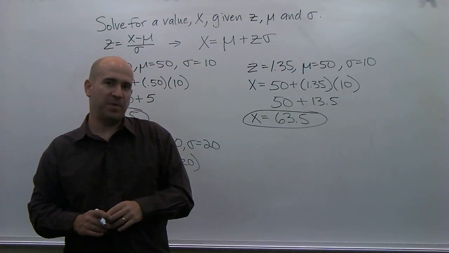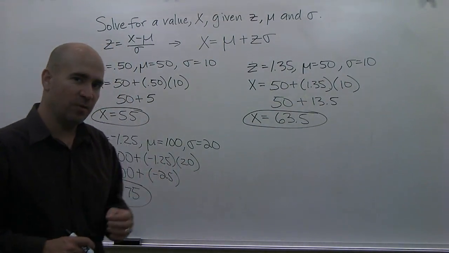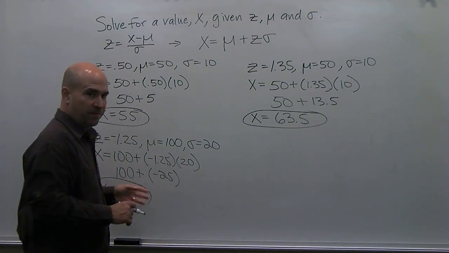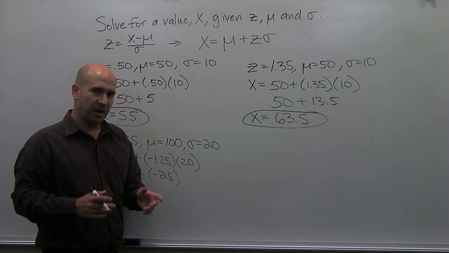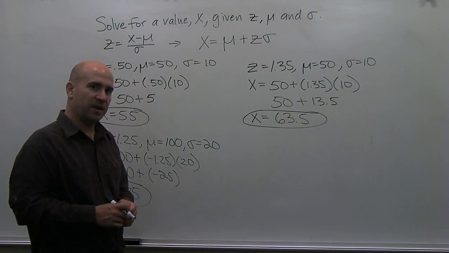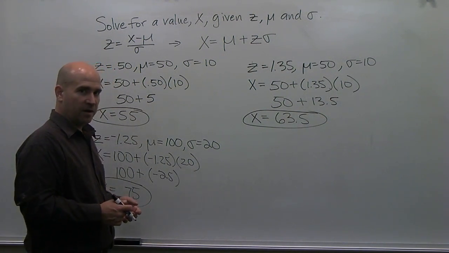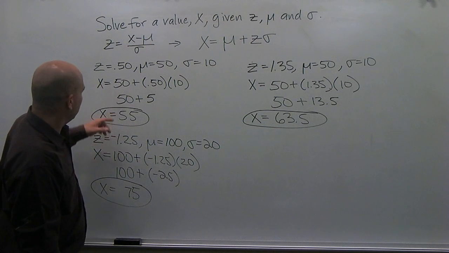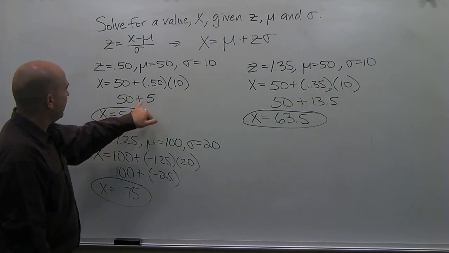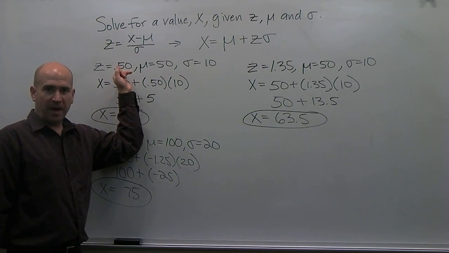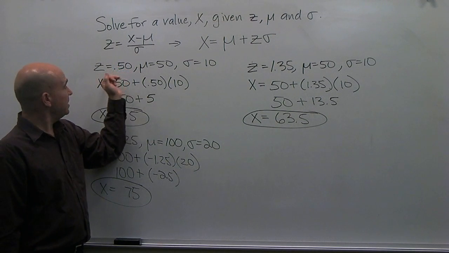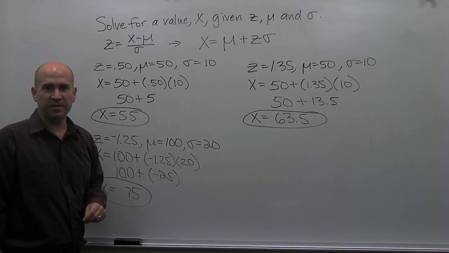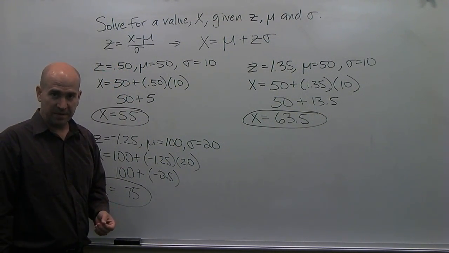Now before we wrap up with these examples, let's take a look at one thing here. I want to see if you can follow along with me on this concept to better understand and reinforce our understanding of z-scores. Notice here that I had a z of 0.5. Do you recall that a z indicates the number of standard deviations a score is away from the mean?